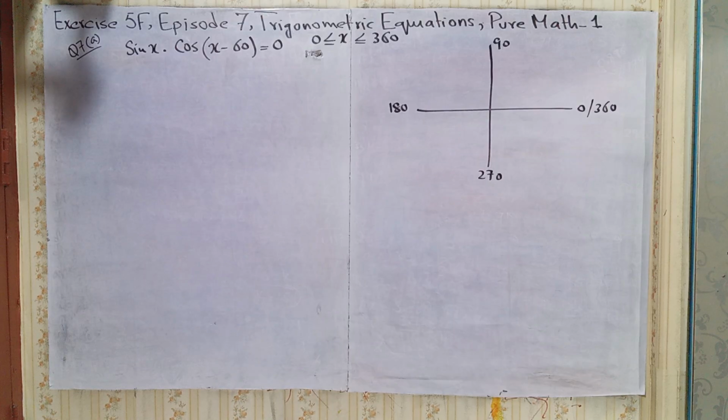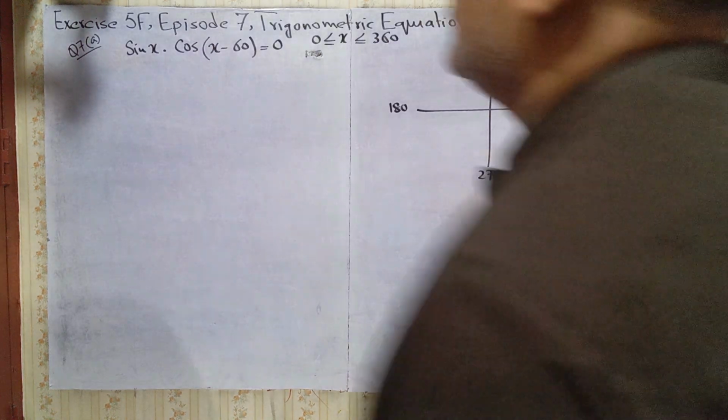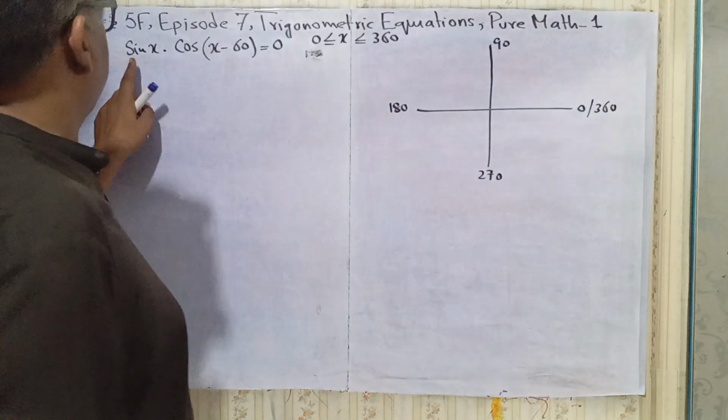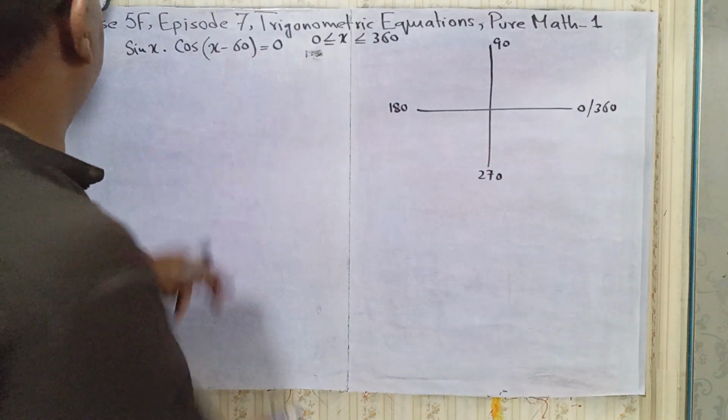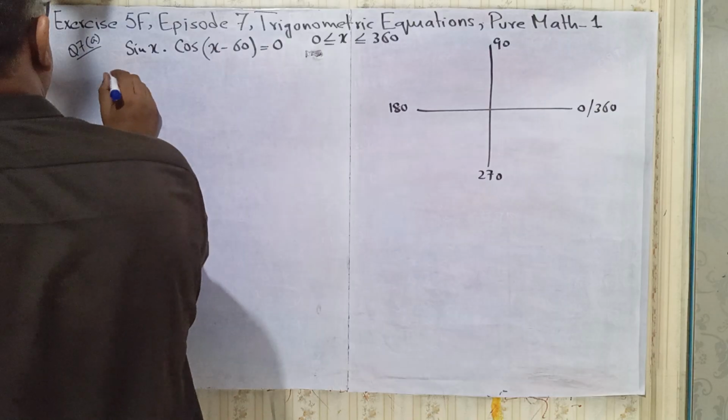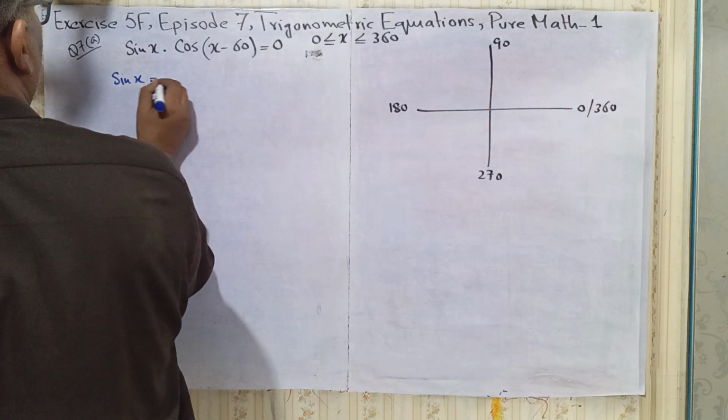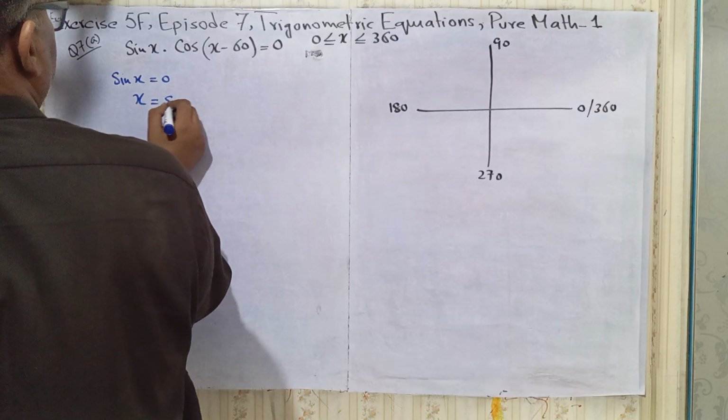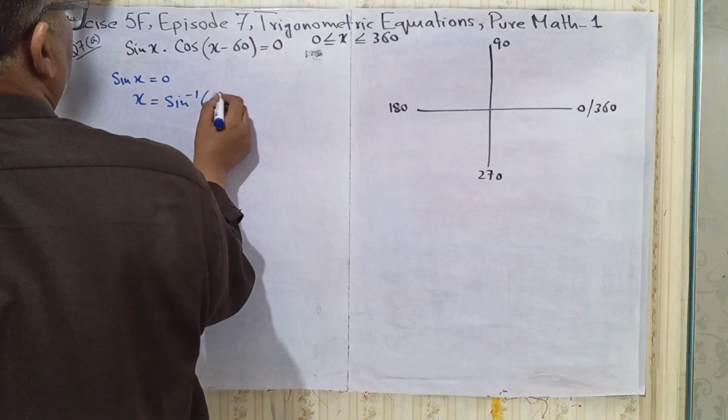Because these two expressions are multiplying with each other, I will make them equal to 0 one by one. When these two multiply with each other, it means either this is 0 or this is 0. So first of all, I'm going to make sine x equals 0. The x will be equal to the sine inverse of 0.